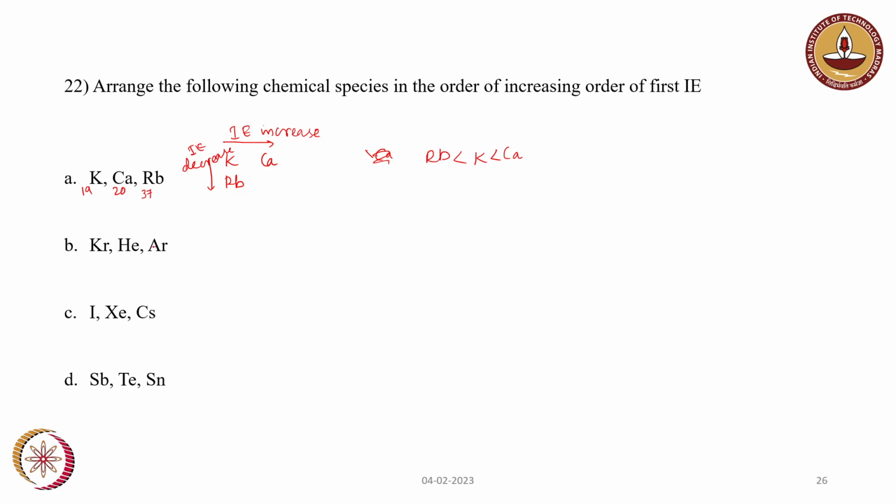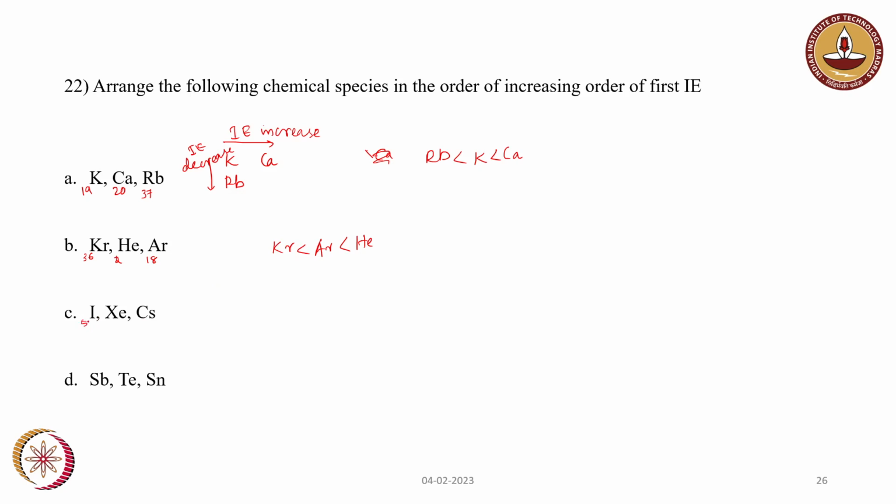So these are inert gases, and the atomic numbers are krypton is 36, helium is 2, and argon is 18. So when we move down the group, ionization energy decreases. So higher will be for helium, then argon, then krypton.